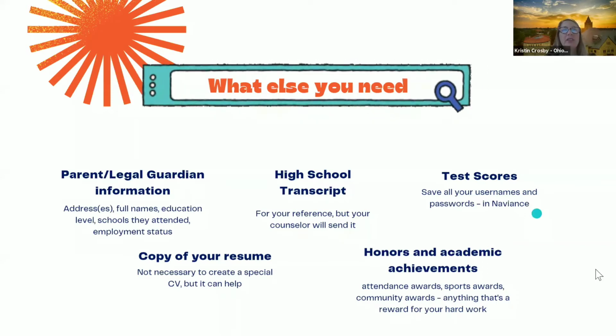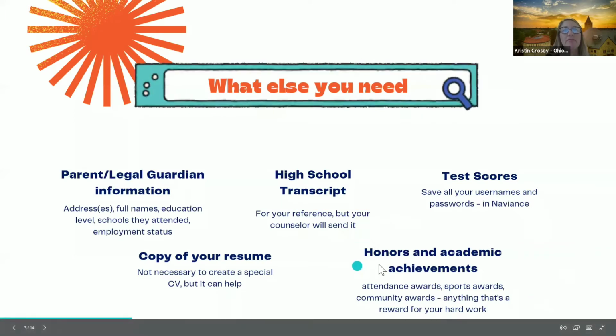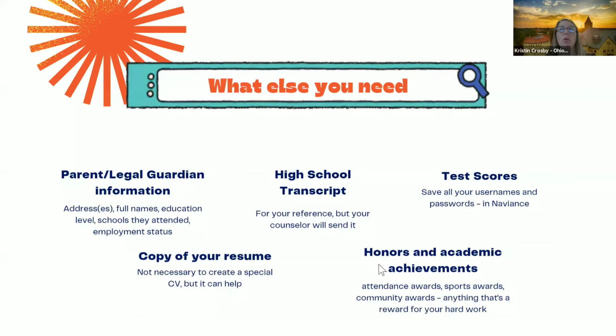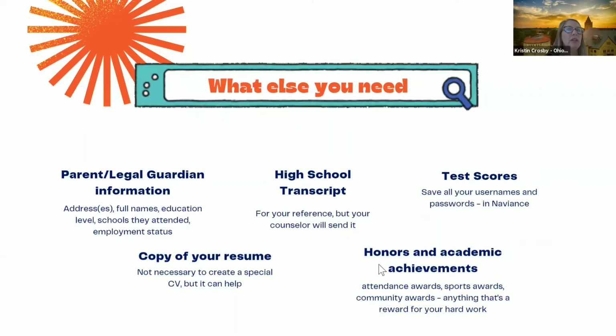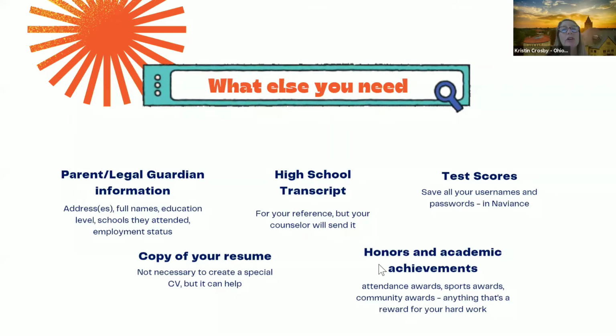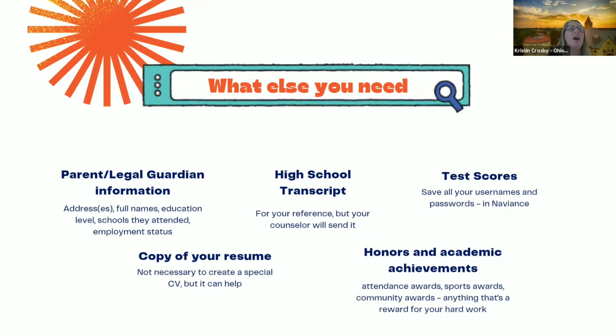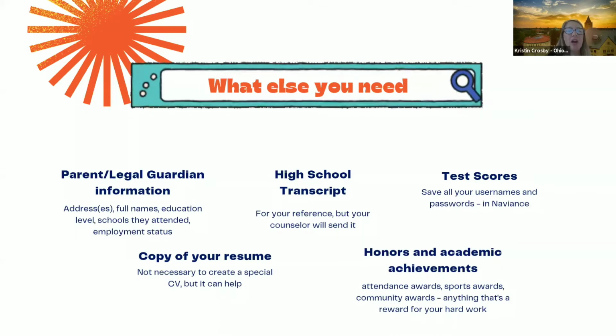And there's also a section called Honors and Academic Achievements. That would be things like attendance awards, sports awards, community awards, anything that is a reward for your hard work. So that's another section where you'll need to type in information, and it could be good to have a copy of your CV or resume.